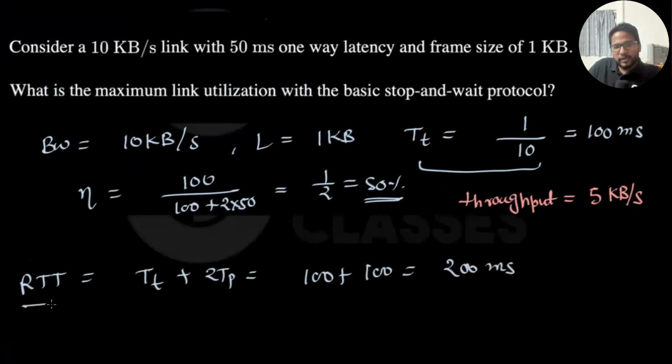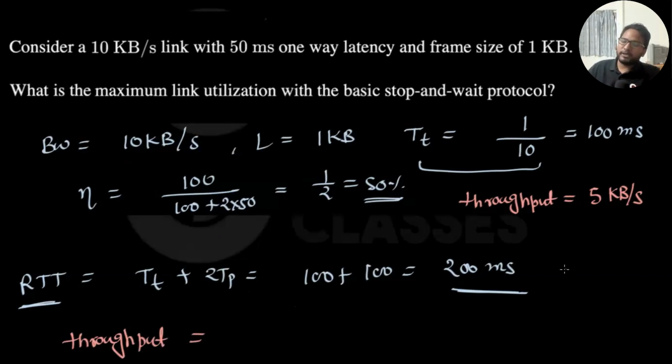Now, once you know the RTT, can you not directly tell me the throughput without calculating the efficiency? You can calculate the efficiency, that's not an issue, but you can directly calculate the throughput also. Throughput is, in this RTT, how many bytes you are sending. One KB, right? Throughput is bytes per second.